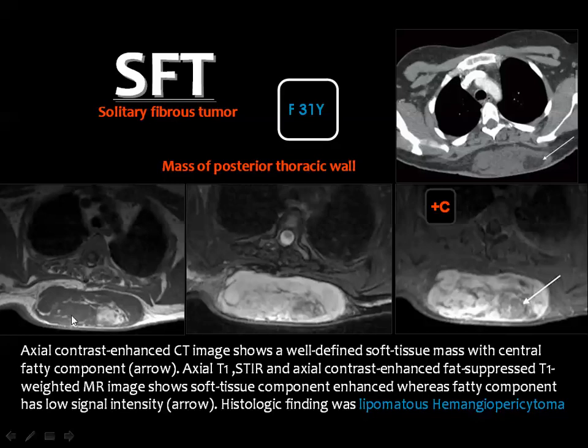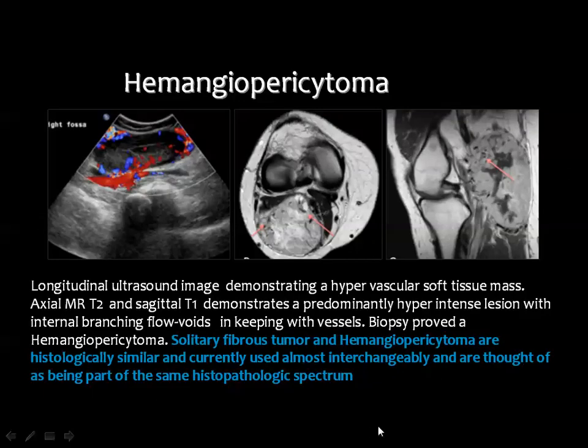Then you see the tumor, and you see a fat component in the T1 and in the T2 weighted image. After contrast injection, you can see heterogeneous post-contrast enhancement, and this is the appearance of the fat within the tumor by CT image. Then here you can read: solitary fibrous tumor and hemangiopericytoma are histologically similar and currently used almost interchangeably and are thought of as a benign part of the same histopathologic spectrum.